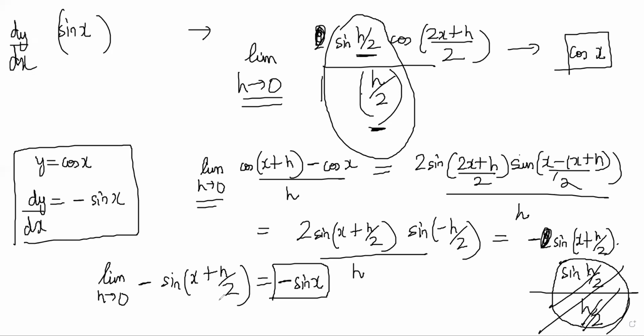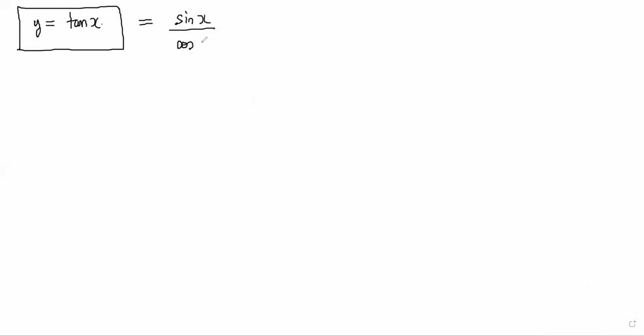So now that you know trigonometric functions also, one trigonometric function that is left is tan x, no? So tan x is sin x by cos x, right? Now I'll not do it by the limit method. Now I'll use some knowledge that I have acquired today.